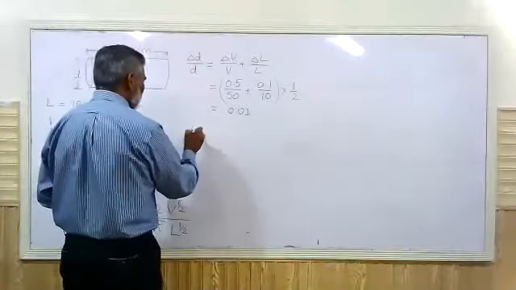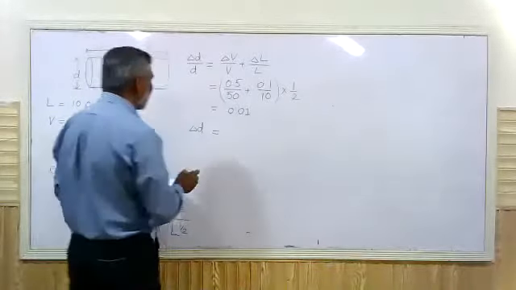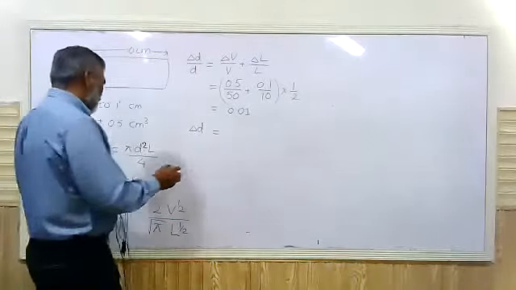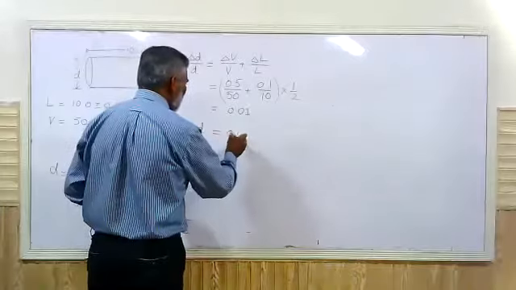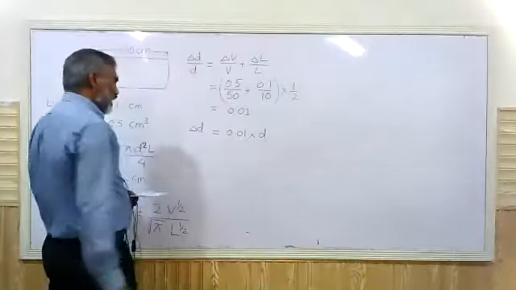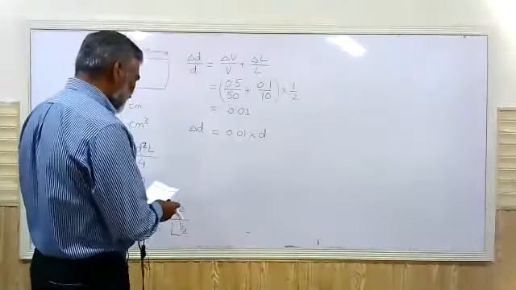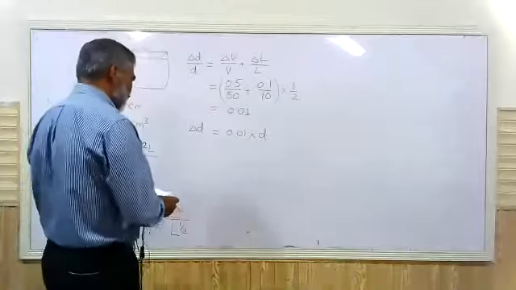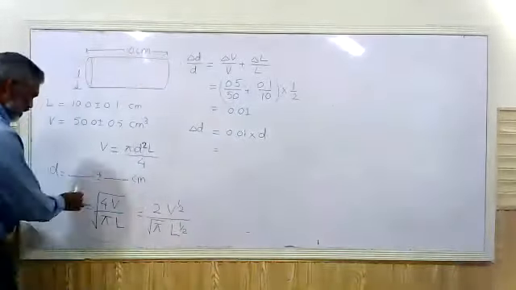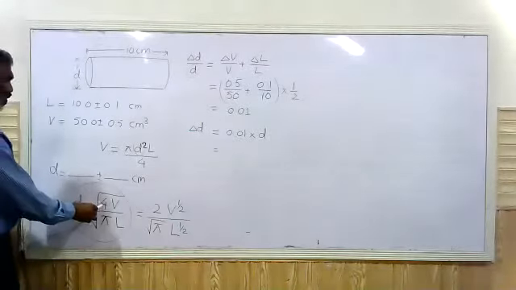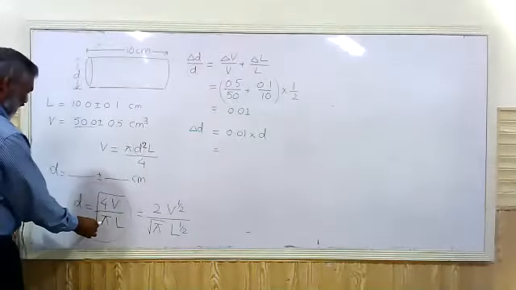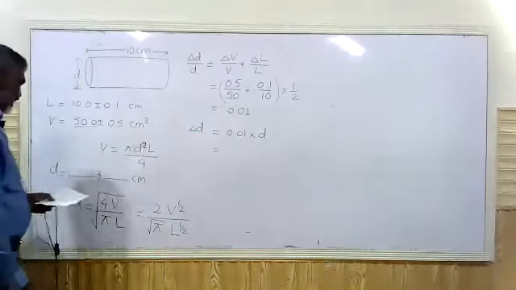Now, in order to find out the value of delta D, the actual uncertainty in D, obviously we need to multiply this 0.01 by the actual value of D that we have measured. So D is calculated from this formula directly. So 4 times V, this is 50, divided by pi into L, that is 10.